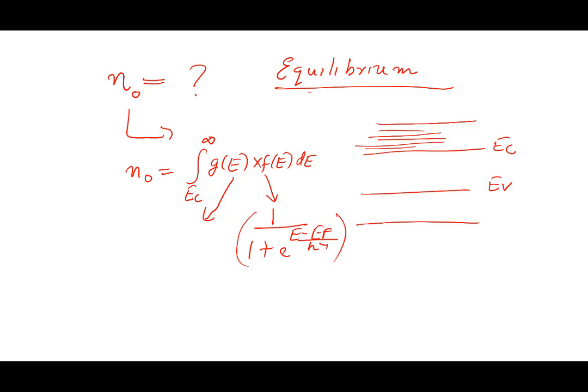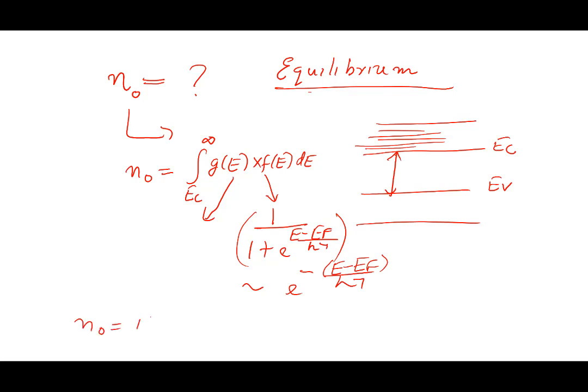So far we had only EC, EV, EG, all these levels that are there, and now another level comes in, which is EF. And out of that, after making your assumption that f(E) can be approximated by e to the power minus (E minus EF) by kT, we arrive at this expression.